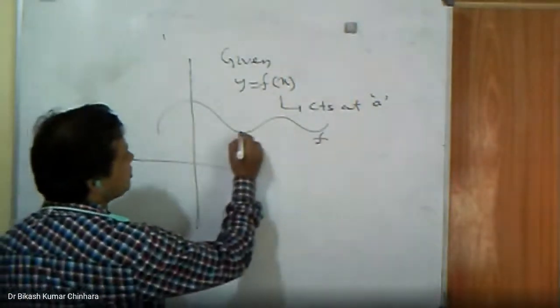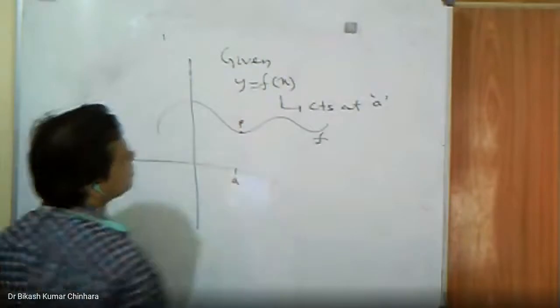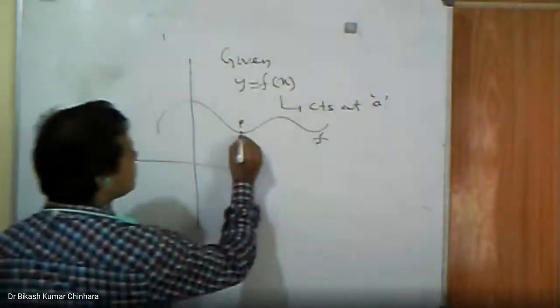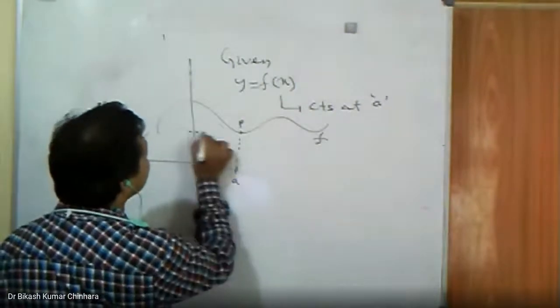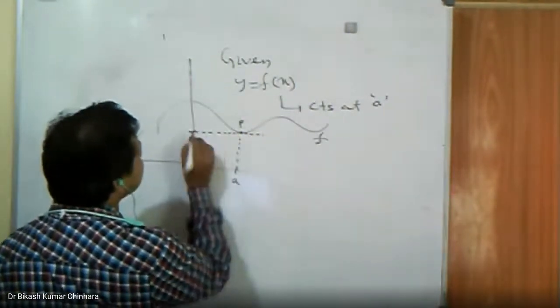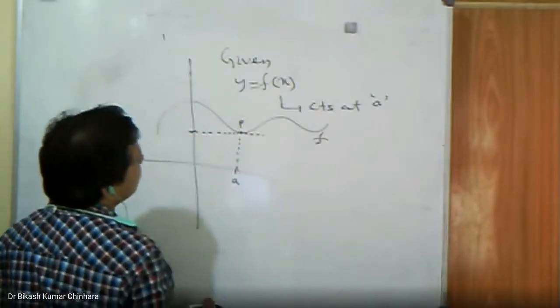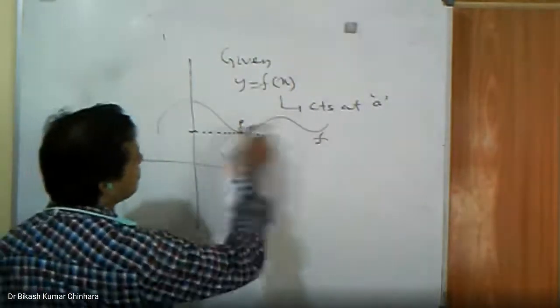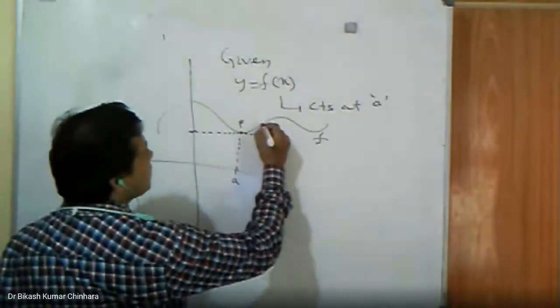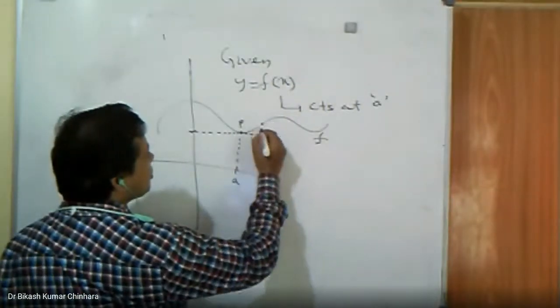And this is the point. Suppose I am naming this as P. This value will be f of P. Now suppose I am taking a point Q here.